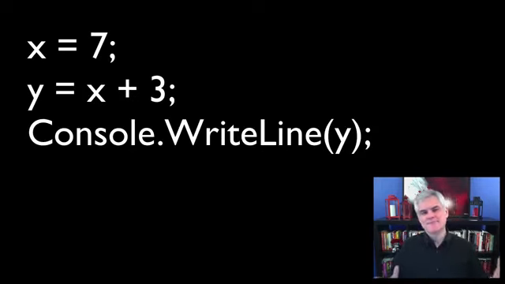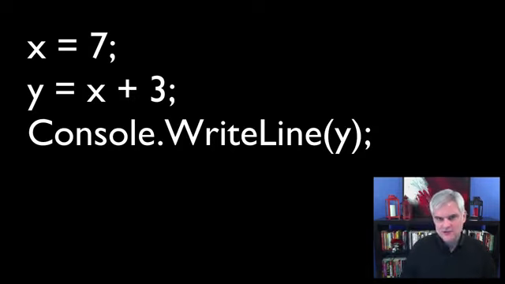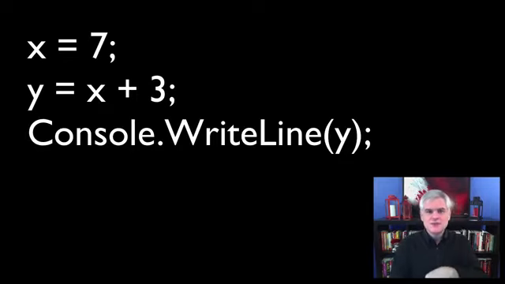Now, honestly, there's a little bit more to it than just that. First, the x and the y, as far as C# is concerned, are called variables. And a variable is simply a bucket in your computer's memory that's capable of storing a value. So you can put stuff, values, into the bucket. You can retrieve values out of the bucket.